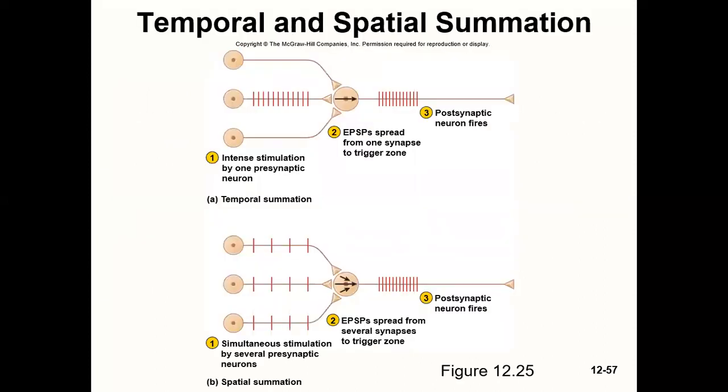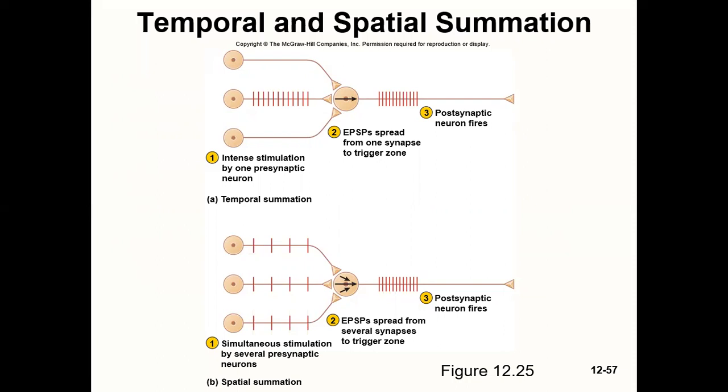So this picture shows us that very well, I think. The first picture, picture A, is temporal summation, where we have synapses joining right at the neurosoma of a postsynaptic neuron. So we have an intensity variation through one synapse.